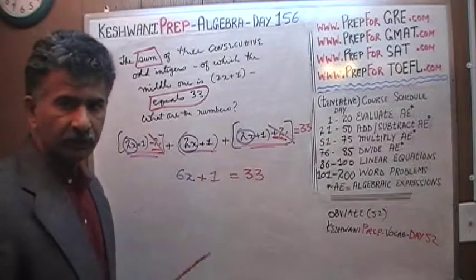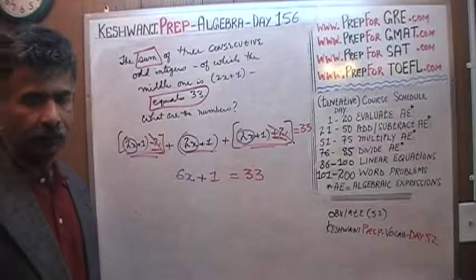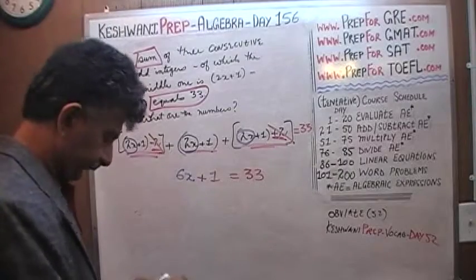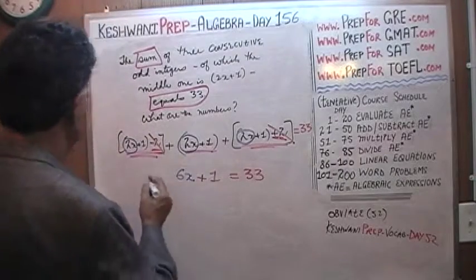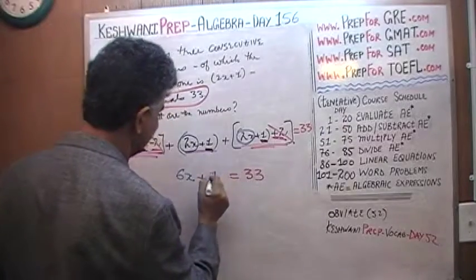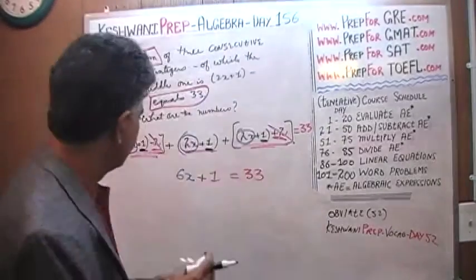And if 6x equals 32, for one thing, 6 does not go evenly into 32. So that's how I caught myself. So here's your 1, here's the second one, here's the third one, so it is 6x plus 3.